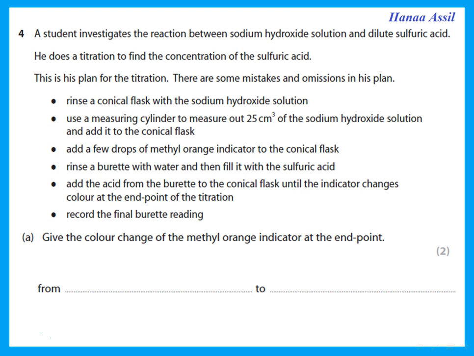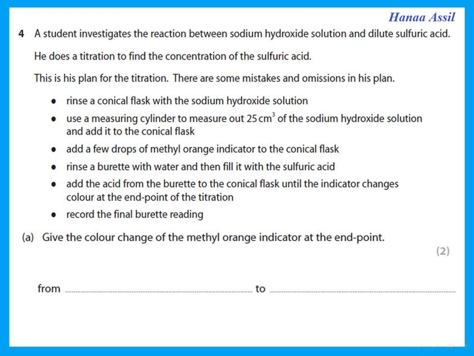A student investigates the reaction between sodium hydroxide solution and dilute sulfuric acid. He does a titration to find the concentration of sulfuric acid. This is his plan for the titration. There are some mistakes and omissions in his plan. The first question says, give the color change of the methyl orange indicator at the end point.